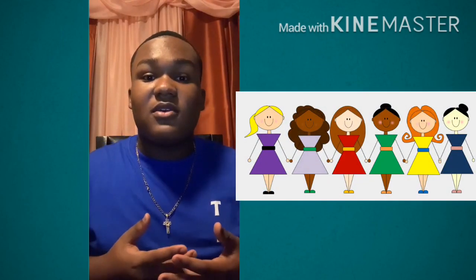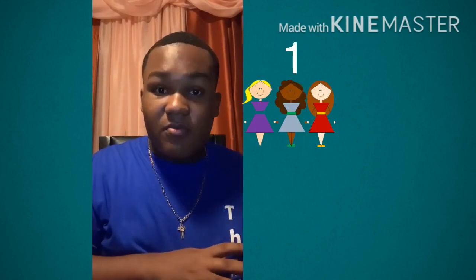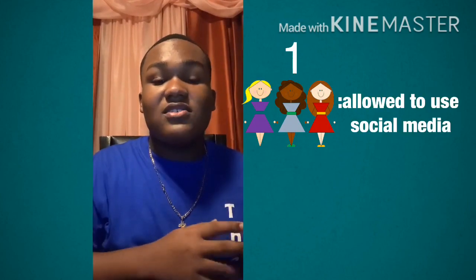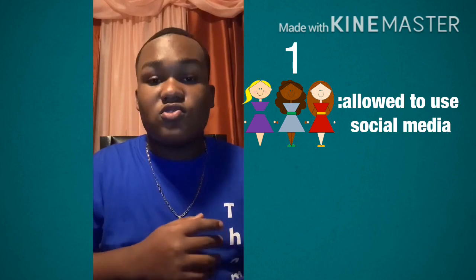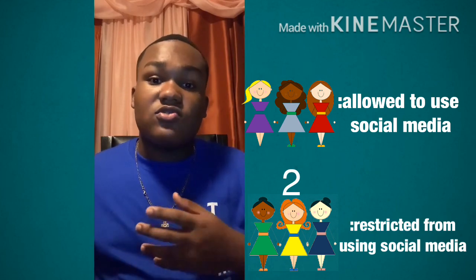So let's just say they can choose about 6 people for this experiment of the same age, gender, and educational level. They can split them up into 2 groups, whereby one group of 3 people can use their social media platforms while going to school, whilst the other group of 3 are restricted from using social media while going to school.